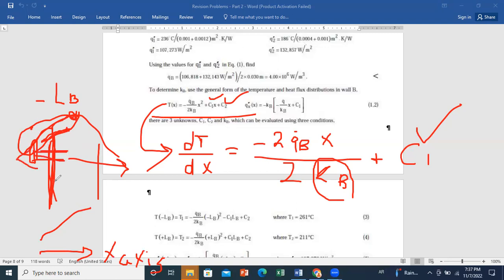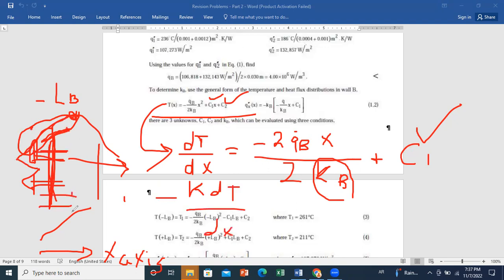So your flow rate will go outward. This is why, in general, when we say the flow rate is minus k dT/dx, we assume that the flow is in this direction.